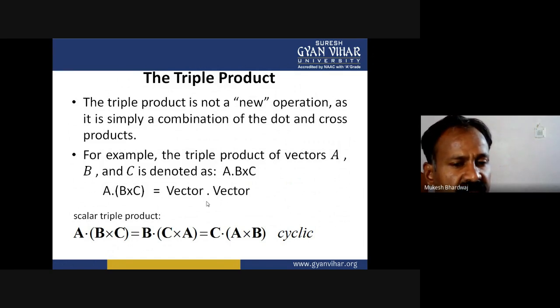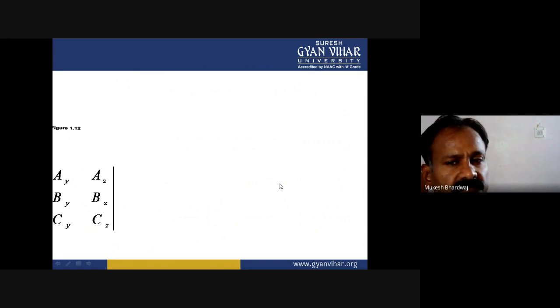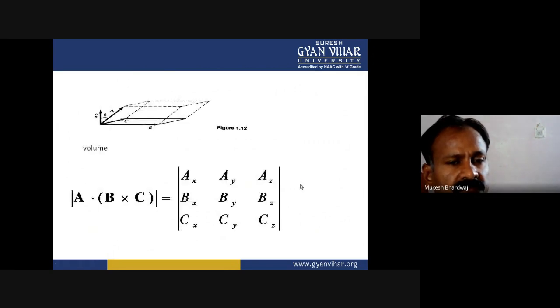A dot (B cross C) is equal to B dot (C cross A), which is equal to C dot (A cross B), that is cyclic. This is the determinant form of three vectors multiplication.